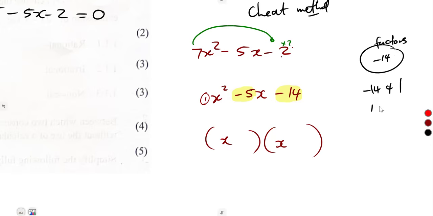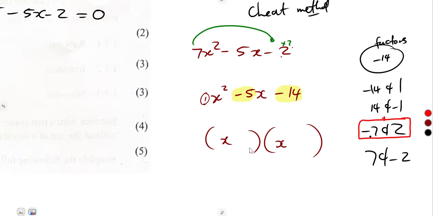Negative 14 and 1, 14 and negative 1, negative 7 and 2, 7 and negative 2. But of these, which pair, when you add, you're going to get negative 5? It is between negative 7 and 2. If you add these two, you're going to get a negative 5. Negative 7, positive 2.